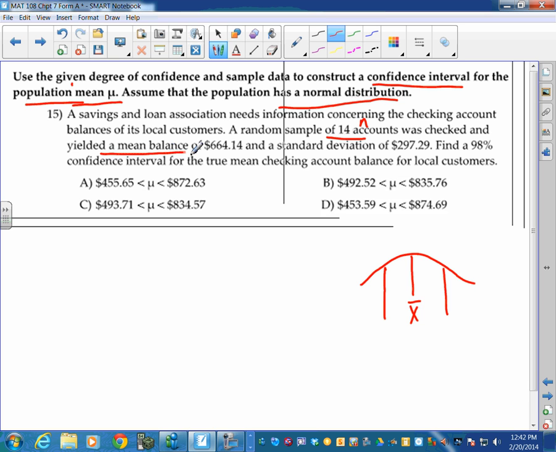The check yielded a mean balance of 664.14. That's what X bar is. Standard deviation of 297.29. Now you have to ask yourself, is that S or is that sigma? Where's that number coming from, the entire bank or from a sample?